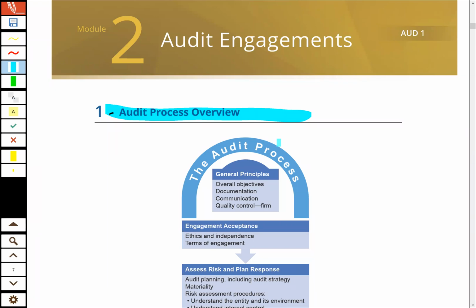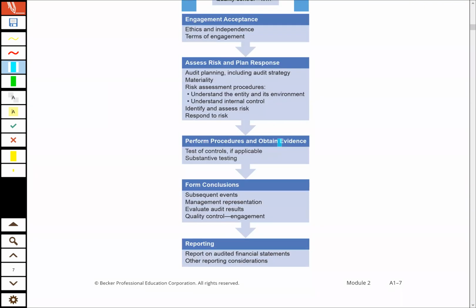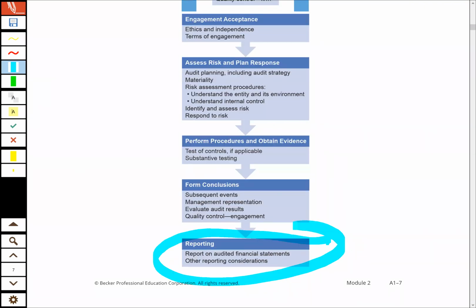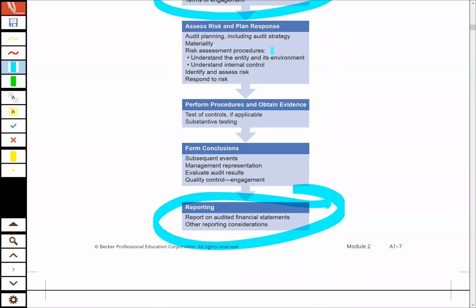Well, obviously, we're not issuing a report in the initial planning phase because the report is down here at the bottom, right? The initial planning is going to involve engagement acceptance, that sort of thing. So sometimes it is helpful to look at the question and understand the phase of the engagement to understand which of the choices would be best. Now, having said that, we are going to start here tonight.